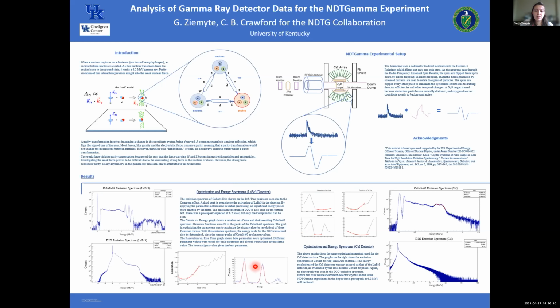And so when we plot the energies as a histogram of the cobalt, we can fit a Gaussian curve, or a normal distribution, to it. And we want to minimize the sigma value of that Gaussian curve. And by minimizing that value, we know that the trapezoid filter has been optimized.